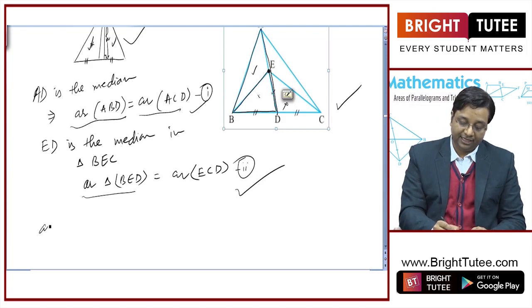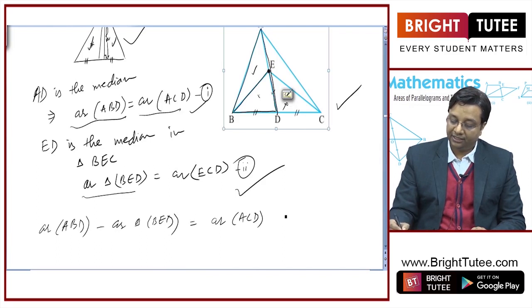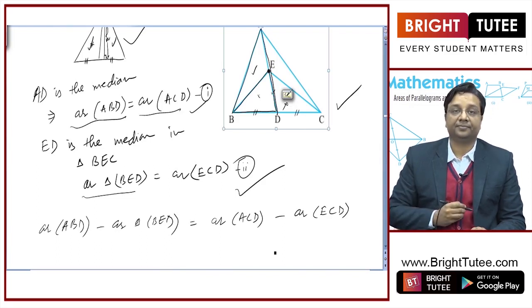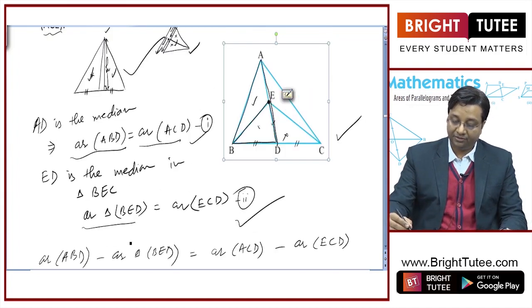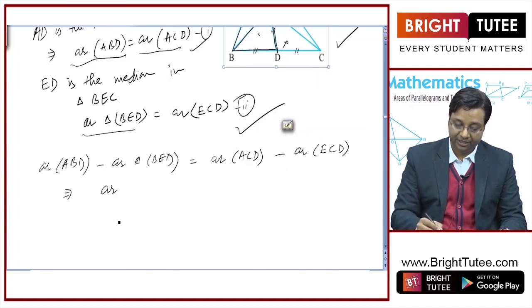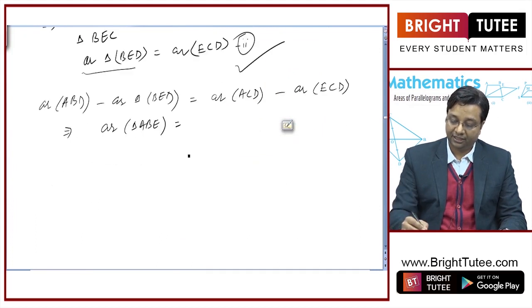So now I can say area of triangle ABD minus area of triangle BED is equal to area of triangle ACD minus area of triangle ECD. Hence I can say area of this triangle, that is triangle ABE, is equal to area of this triangle, that is triangle AEC.